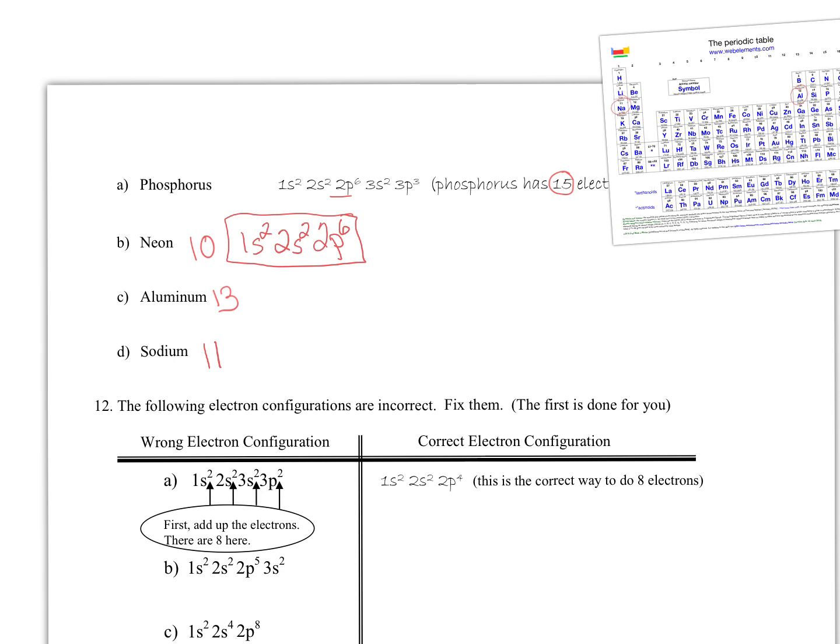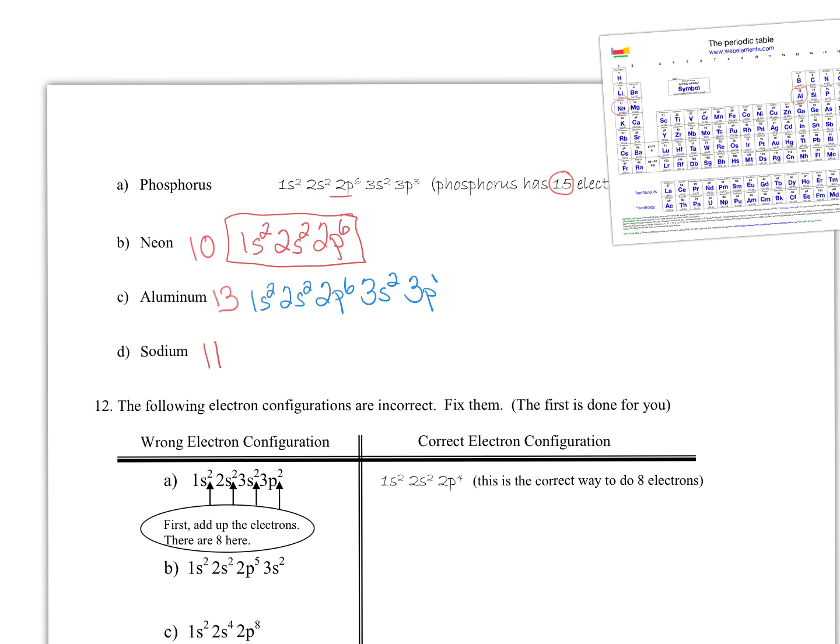Now we have aluminum. Aluminum has 13, so it's going to have the 10 just like neon, so we can just go ahead and write that: 1s2, 2s2, 2p6. That's 10. The next one is 3s. We're going to put 2 in there, so that's 10, 11, 12. Then we're going to have 3p with just 1, so that's 13.